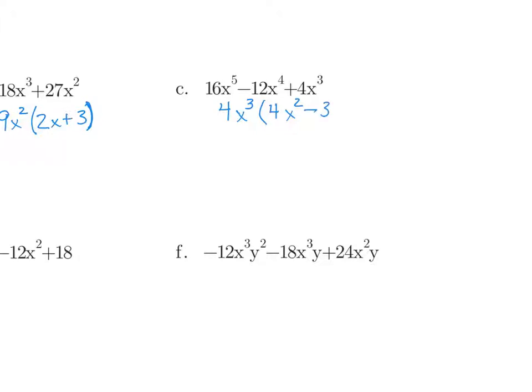X to the 4th, if I take away 3 of them, I'm left with just x. Then for my last term, 4x cubed divided by 4x cubed, everything cancels, and so this is an example where, remember that we are dividing. Anything divided by itself is 1.